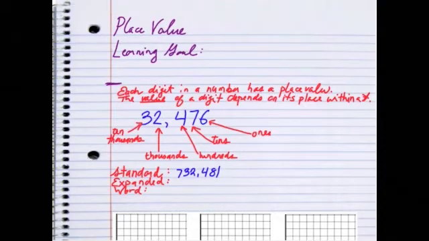So in this number, 7 is in the 100,000s place. So I'm going to have to add 700,000 to my 3, which is in the 10,000s place, plus my 2, which is in the thousands place, plus my 4 from the hundreds place, my 8 from the tens place, and my 1 from the ones place.